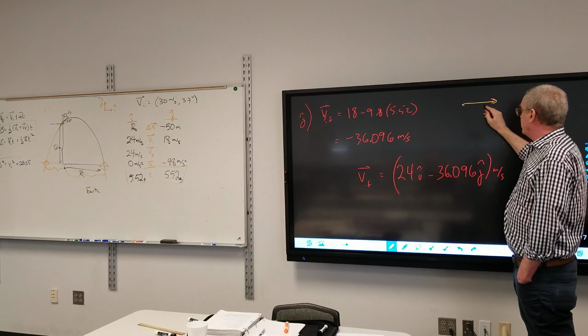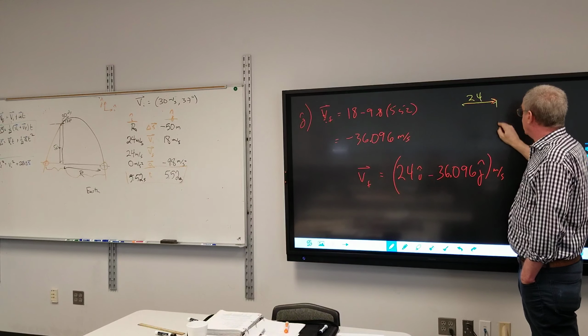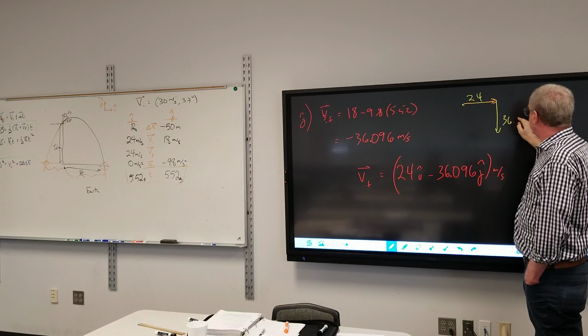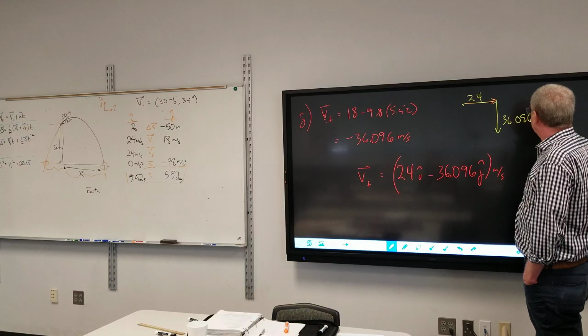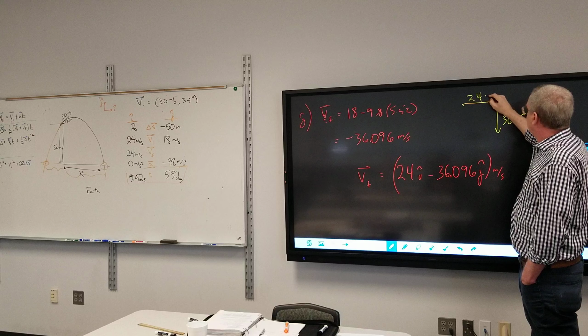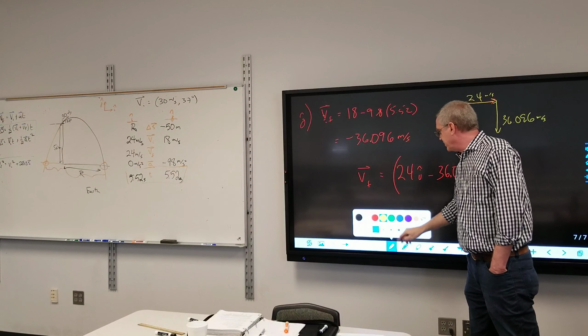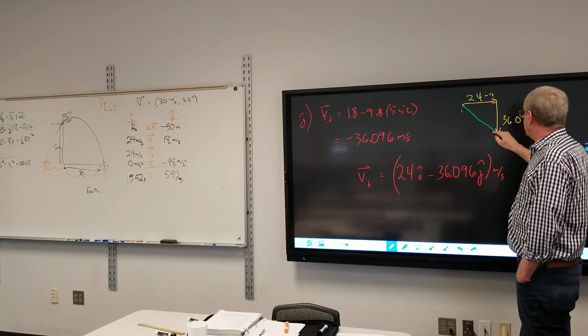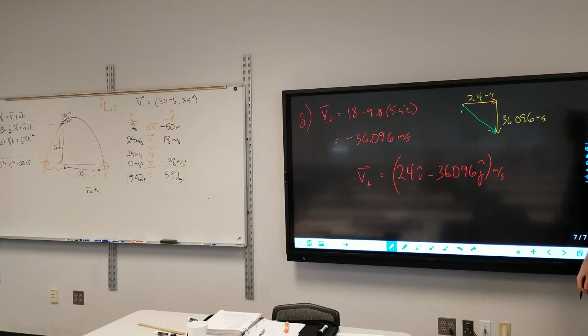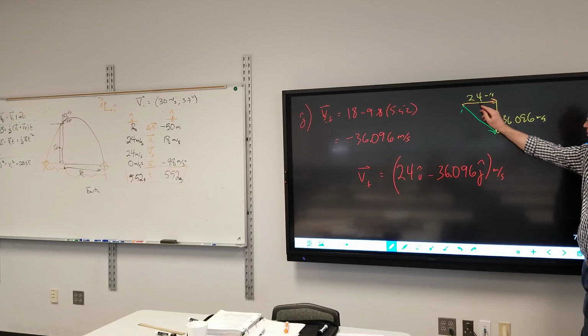I've got 24 meters per second going to the right, and 36.096 meters per second going down. I want to figure out the sum of those two, and the angle.